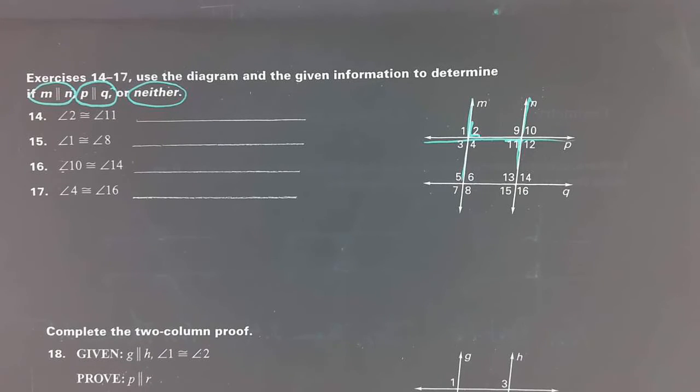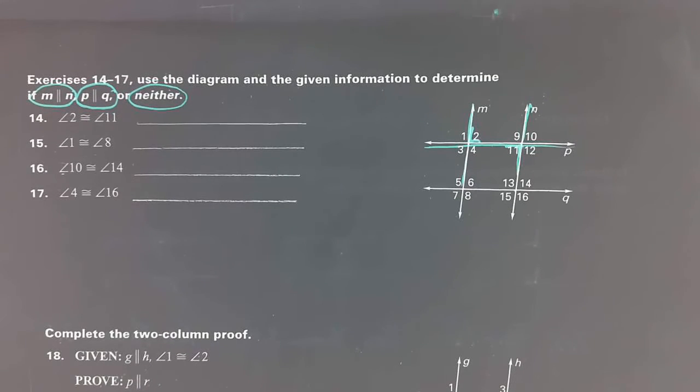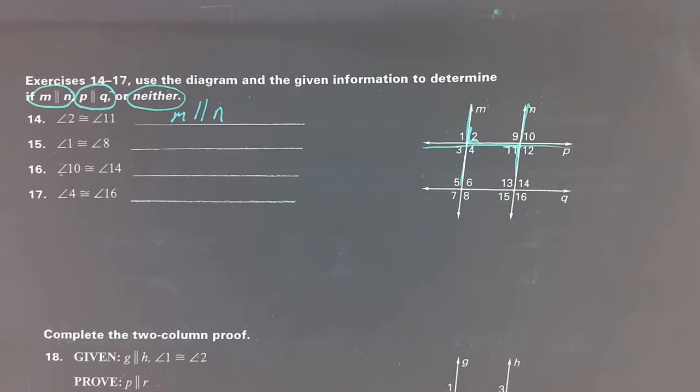By what theorem? You don't have to tell me here, but I think it's theorem 3.4. So if 2 is congruent to 11, then M is parallel to N. Try those 3. We'll check them in just a second.